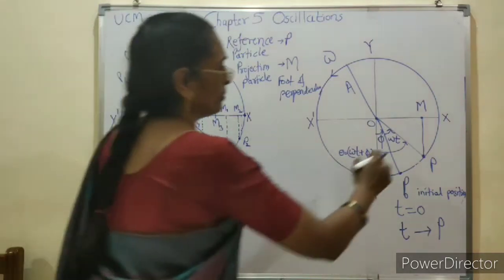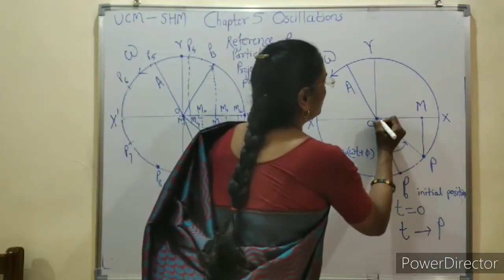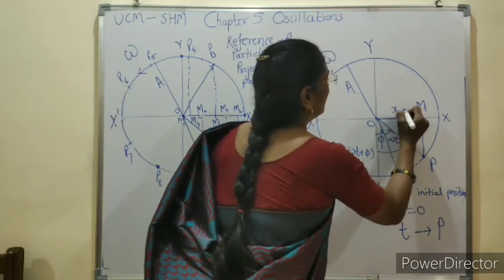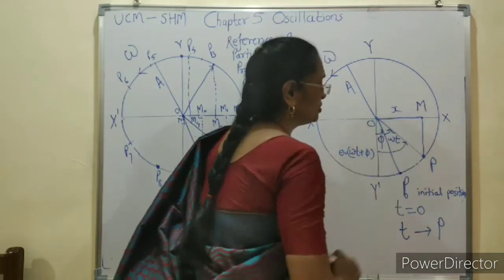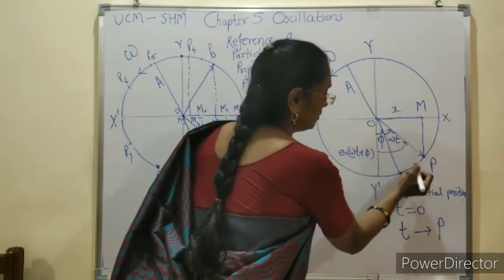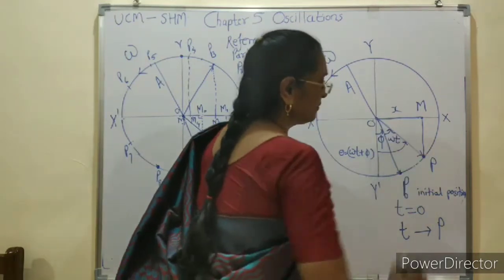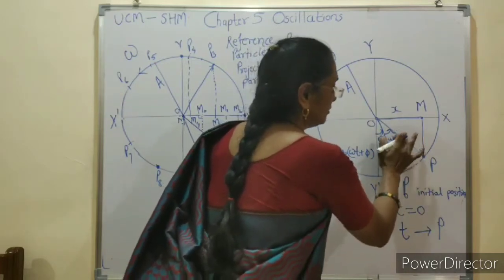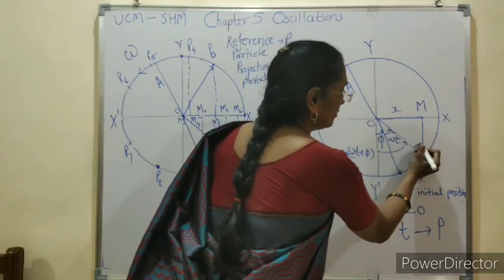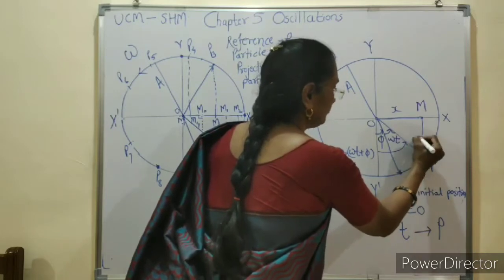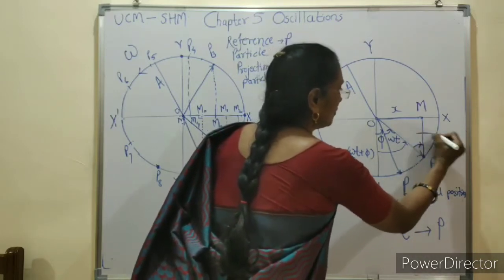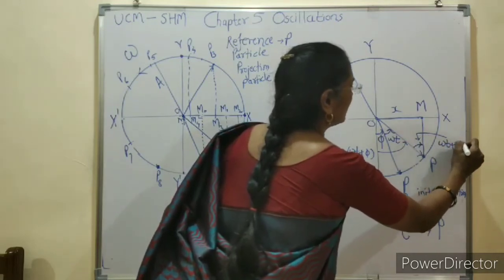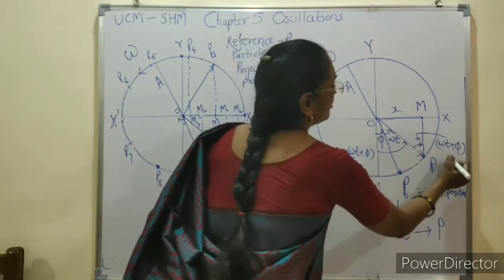M is the foot of perpendicular, and OM is the projection of OP. Here OP is a vector, its magnitude is A, and from the geometry of the figure this angle is omega t plus phi. It can be equal to theta.